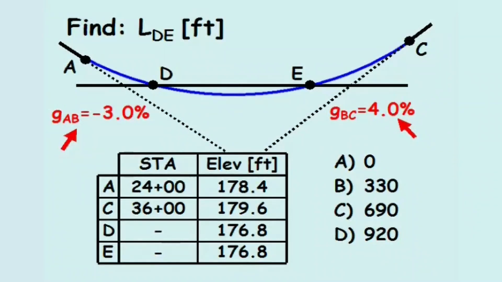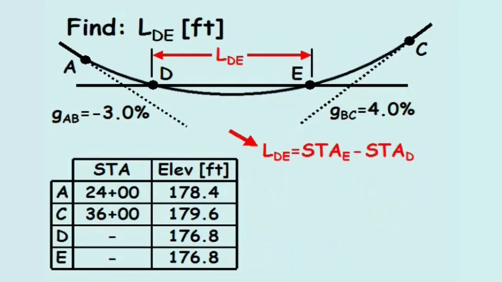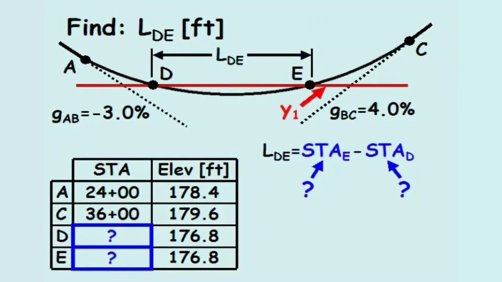The length along the curve from point E to point D equals the station at point E minus the station at point D. The problem does not explicitly provide these station values, but they can be determined if we know the equation for the horizontal line which contains line DE and the equation for the curve AC.